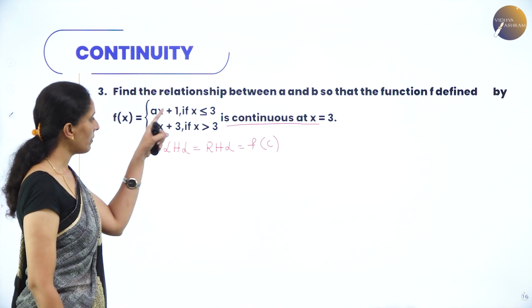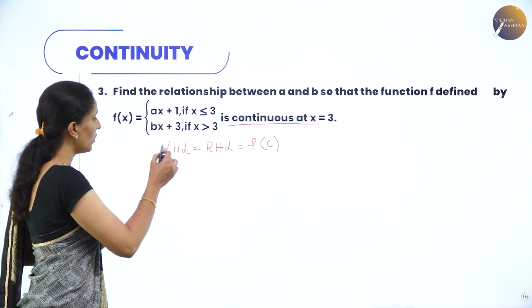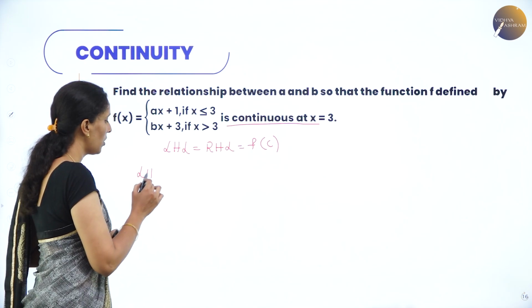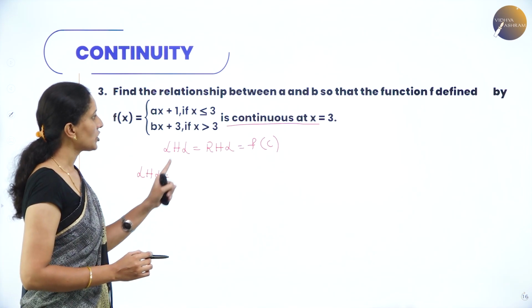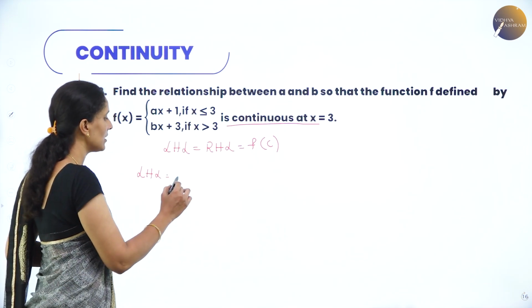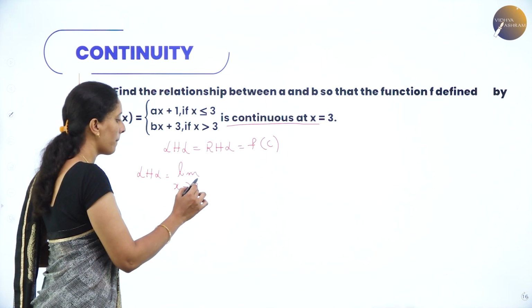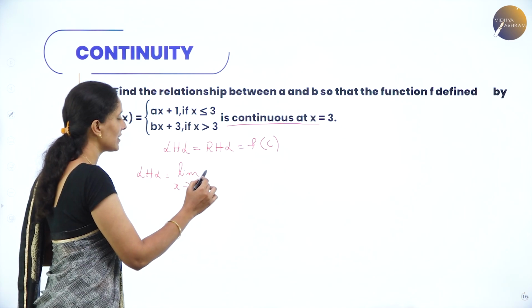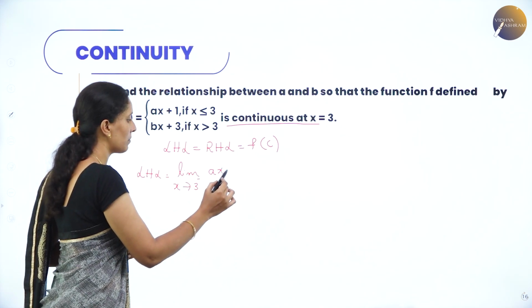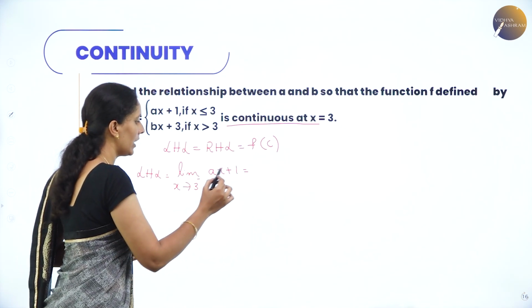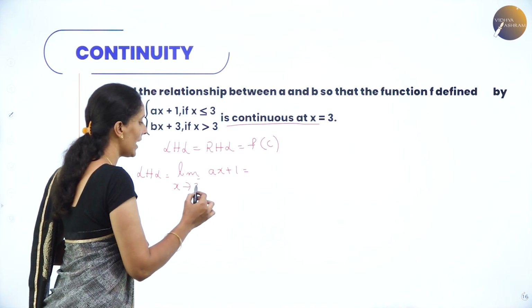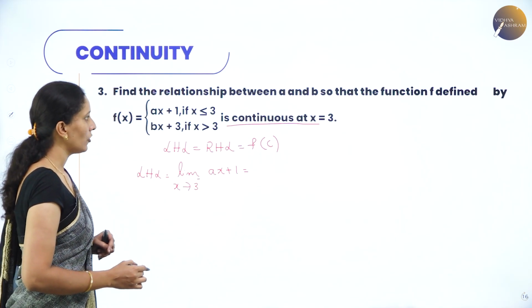So from this definition, let's take the left hand limit. What is our left hand limit? The function whenever x is less than 3. That is, the limit of the function as x tends to 3 minus, here f of x is defined as ax plus 1, where x must be given the value of 3.